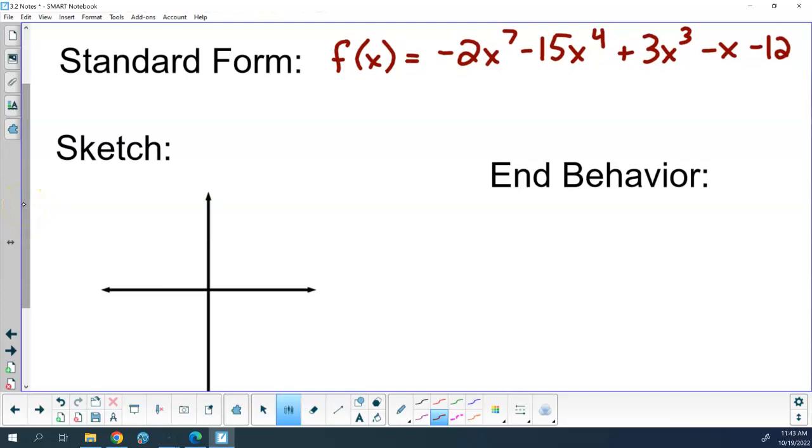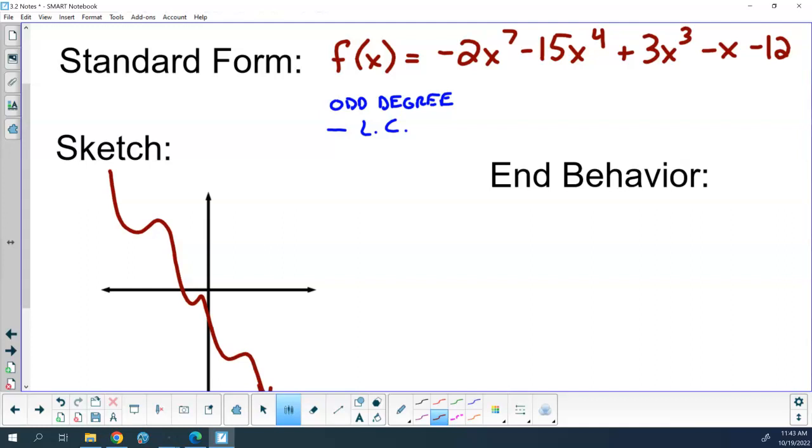That's got an odd degree, so the sides are going to go in opposite directions. And it's got a negative leading coefficient, so it's going to start up to the left and end down that way.